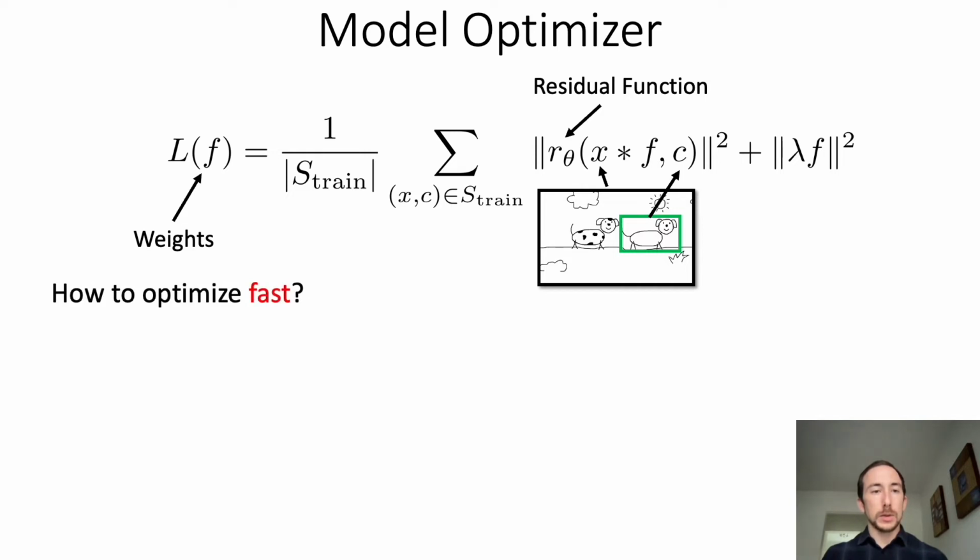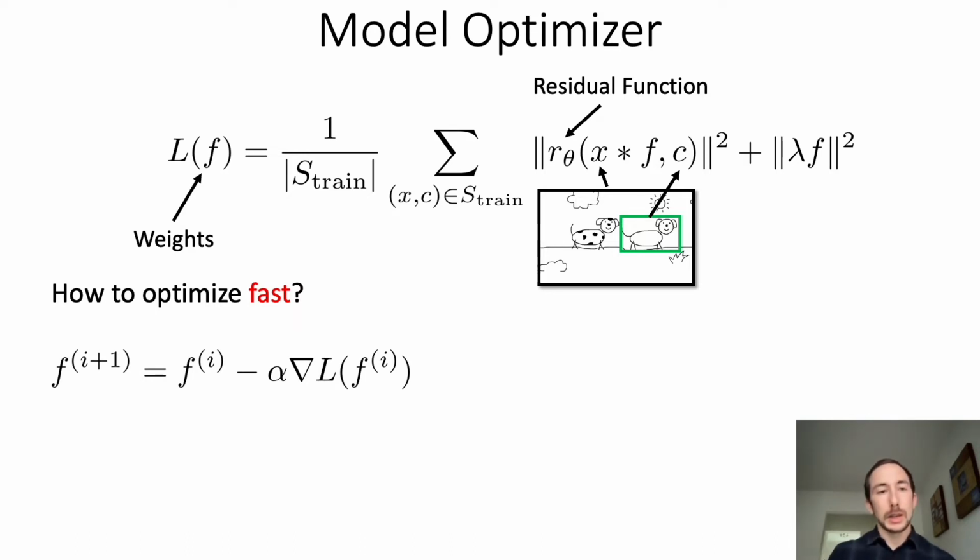The question is now, how can we optimize this objective fast to ensure real-time tracking? An optimization algorithm all of you know is, of course, simple gradient descent. But we have a very constrained special objective here, so we can do much better than just gradient descent. But we don't want to make our optimization algorithm too complex, because remember, we want to integrate this as a layer in our neural network, and we want to be able to differentiate through it.